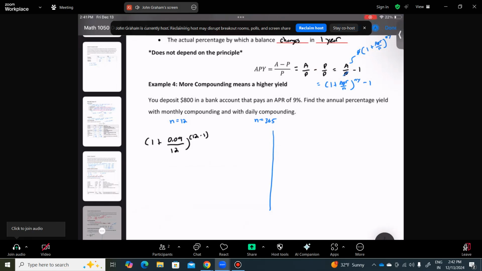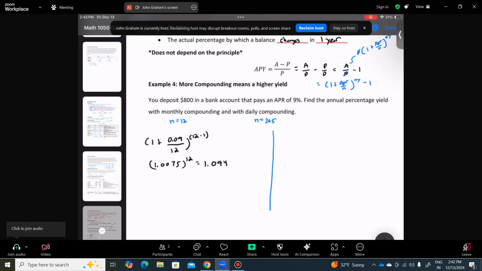So 1 plus 0.09 divided by 12. This is 1.00075. And we're raising this to the 12th power. And we get 1.094.